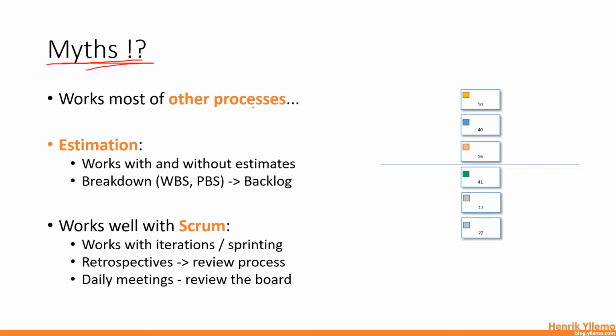It's not solving all the problems, but it's really huge when it comes to working together with other types of processes. If you have an established project management model that already works for you, you can use Kanban for that, and it also works for leadership questions and for personal use as well. So it's not a silver bullet, but it works really well together with lots of other stuff.